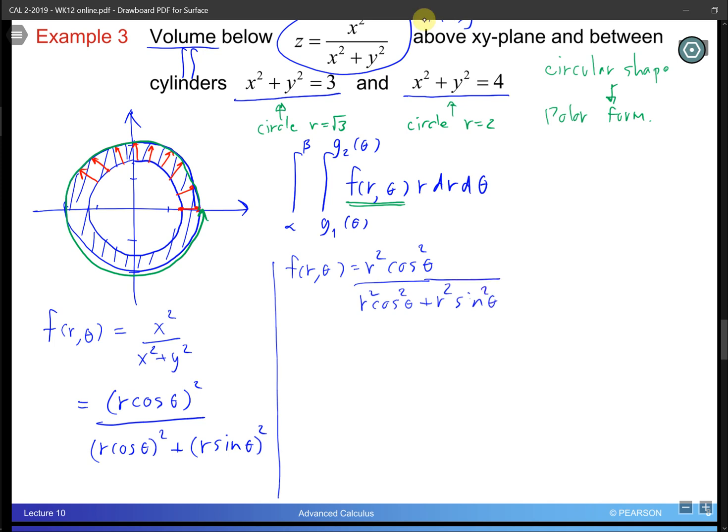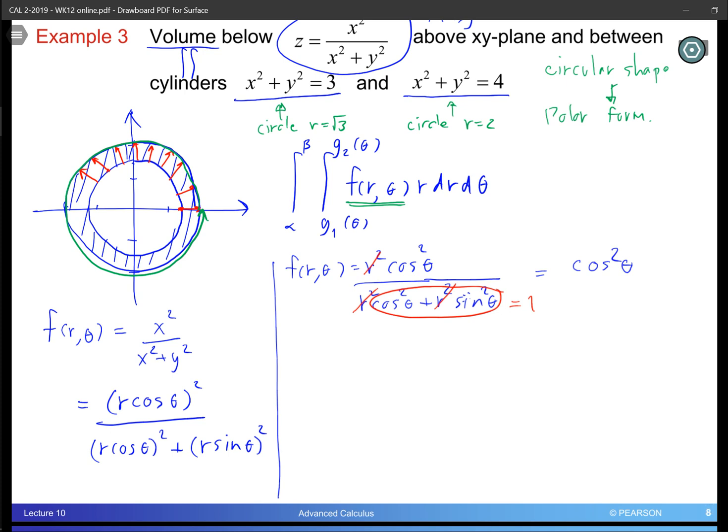You can see that we have these common terms. Cancel r squared and r squared. And now you see cosine squared plus sine squared, and I think everybody knows that this is equal to 1. Which means that the function that we want to use here is equal to cosine squared theta.